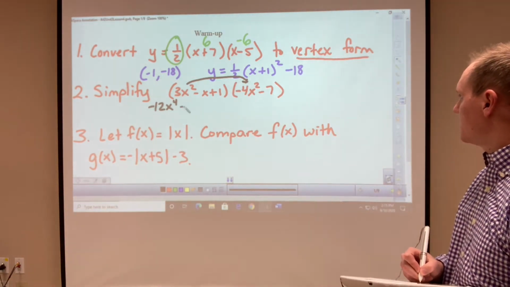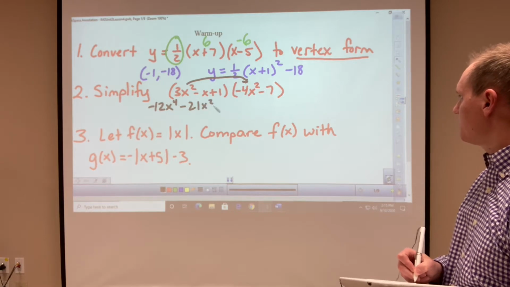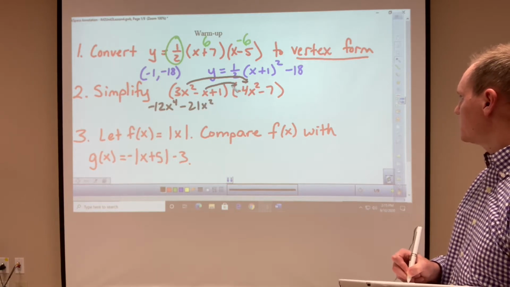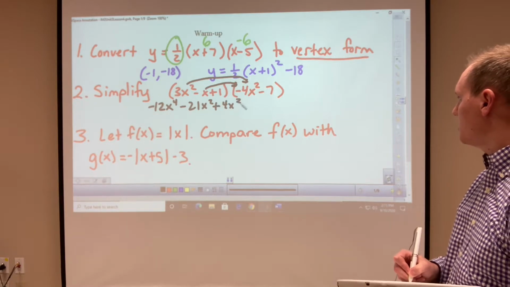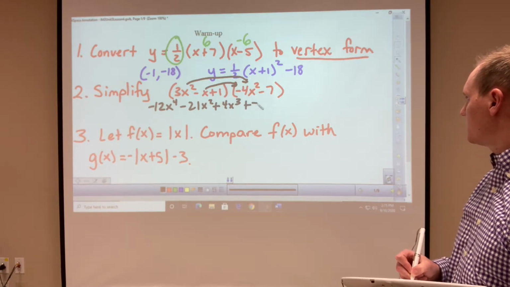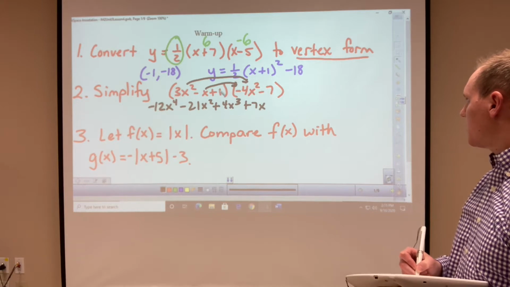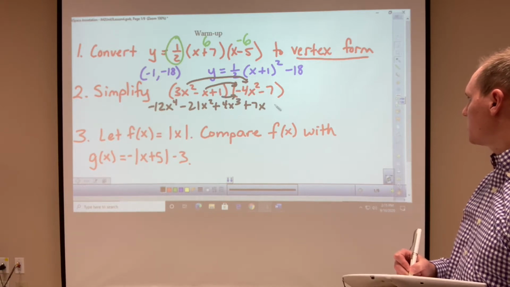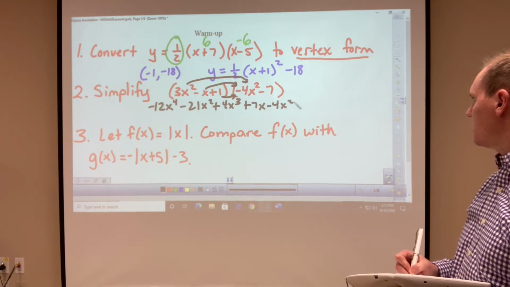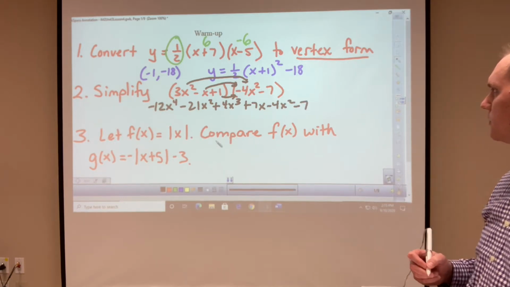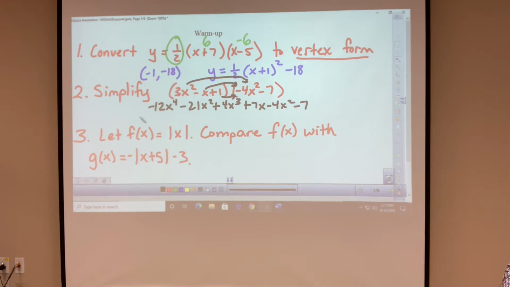And then -21x squared. Now we're going to multiply -x inside the parentheses. So it'll be +4x cubed and +7x. Now we're going to multiply the 1 inside, so it's going to be -4x squared minus 7. And then from there we can combine like terms and put it in standard form here.